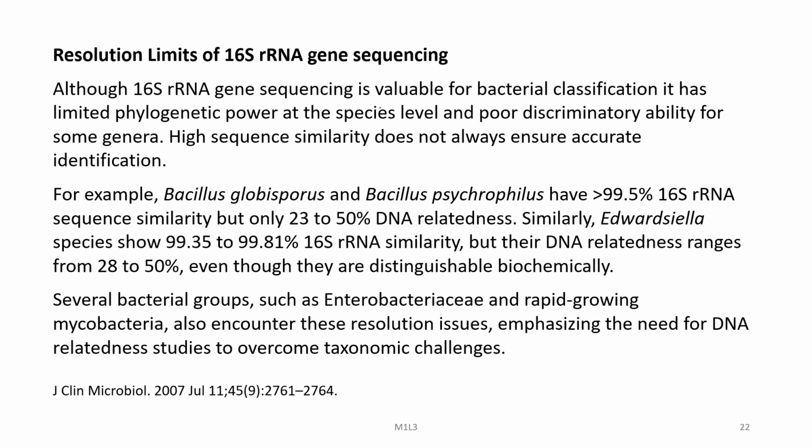There is no doubt that it is a very valuable tool for bacterial classification, particularly in delineation of species, but it has limited power at the species level and poor discriminability for some genera. This is not very specific for every genus, only in particular genera they have very poor resolution. High sequence similarity does not always ensure accurate identification. This is something important to remember.